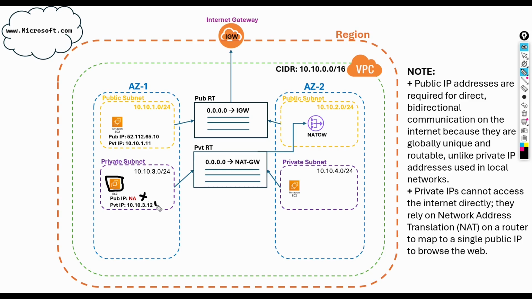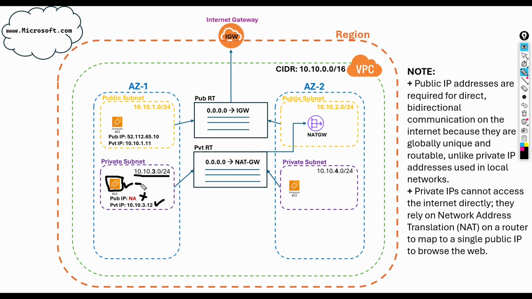It has only a private IP address which belongs to this subnet. Let's take an example: let's say this machine is a Microsoft Windows server machine which wants to access Microsoft.com to download the patches. So from this machine, it will try to access Microsoft.com.